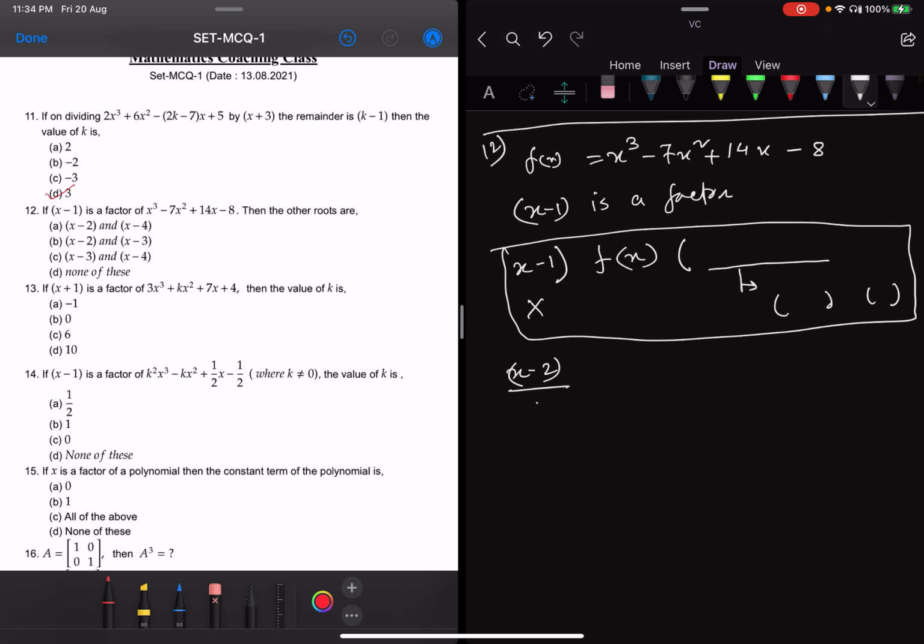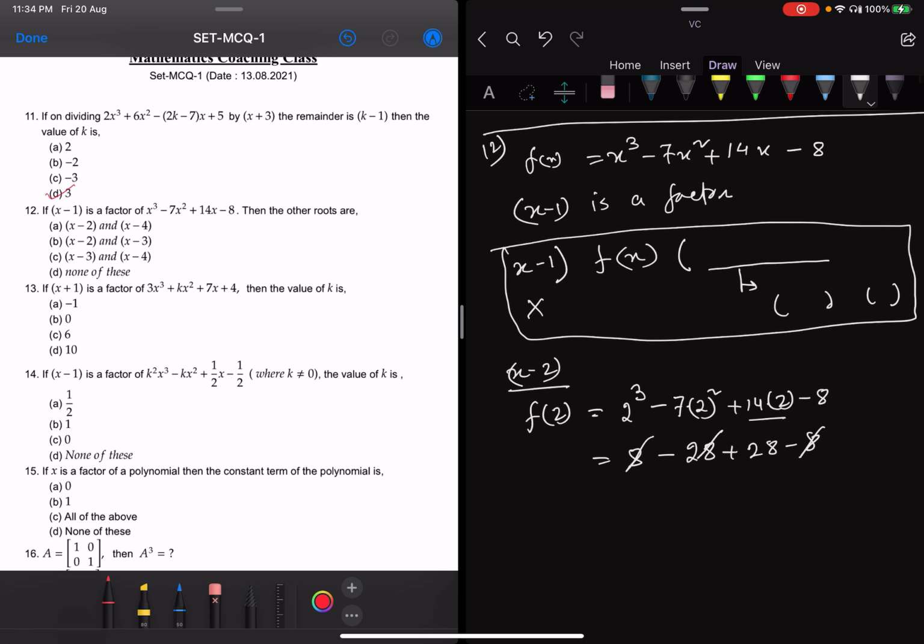To check that, we have to put 2 in place of x. It will be 2 cubed minus 7 into 2 squared plus 14 into 2 minus 8. It is 8 minus 4 into 7, which is 28, plus 28 minus 8.